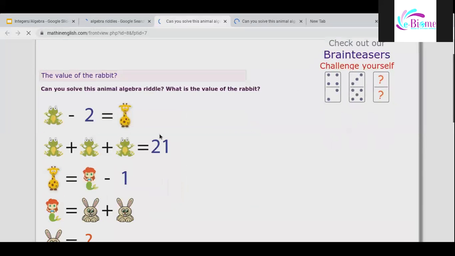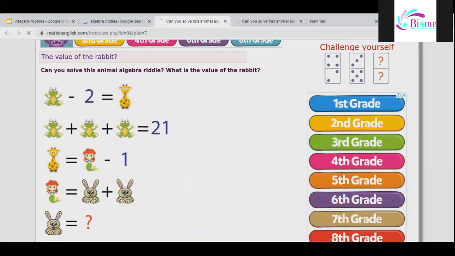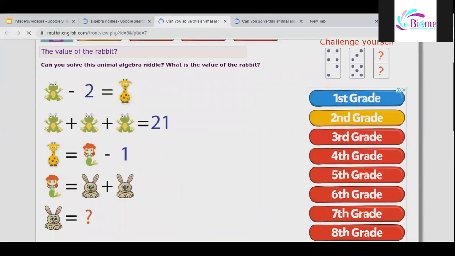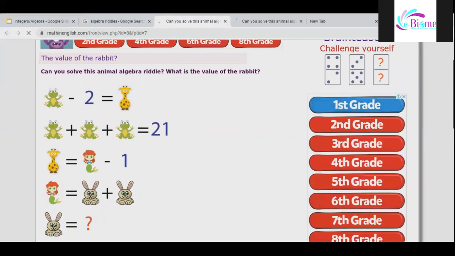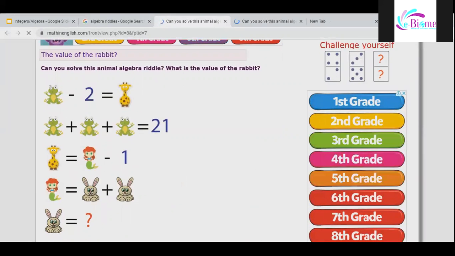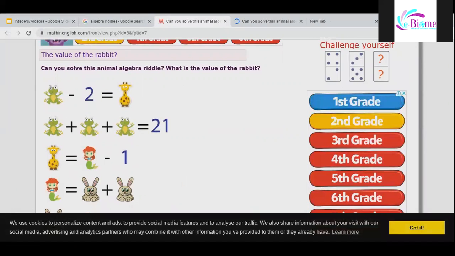Let's look at this. Everyone seeing the screen? Let's look at solving this riddle. So it says, can you solve this animal algebra riddle? What is the value of the rabbit? A frog minus 2 gives us a giraffe.